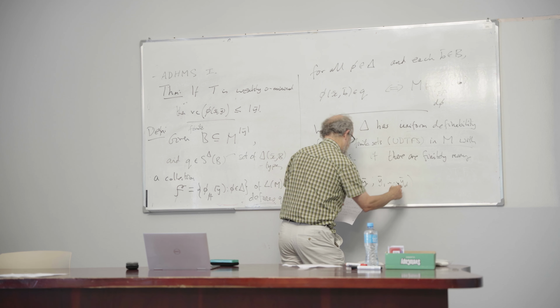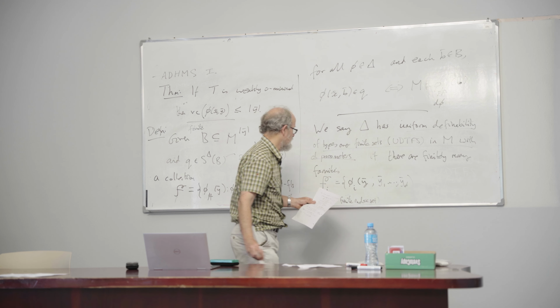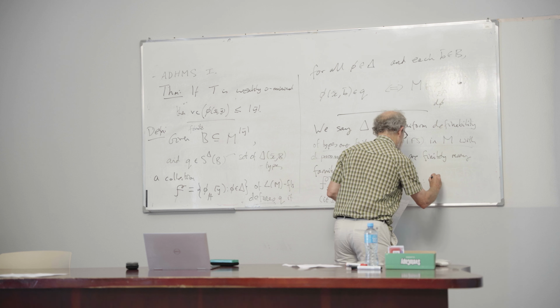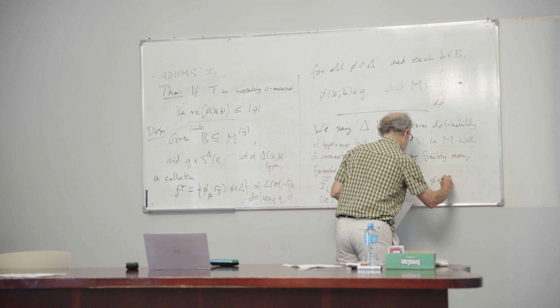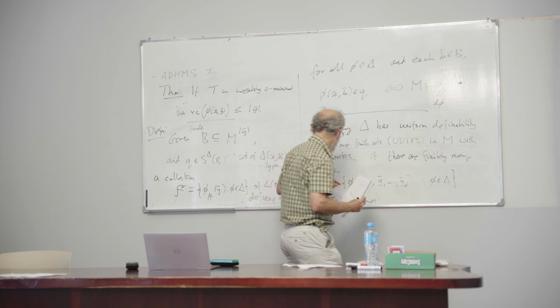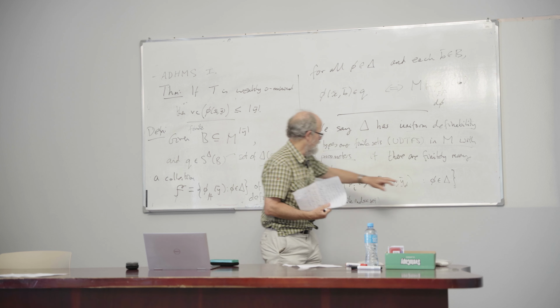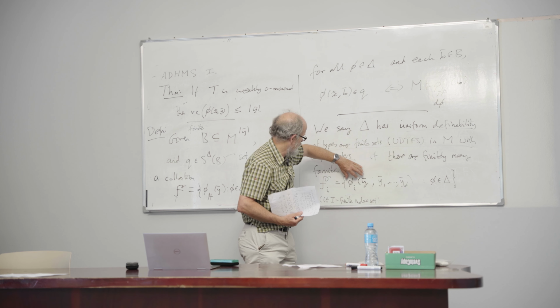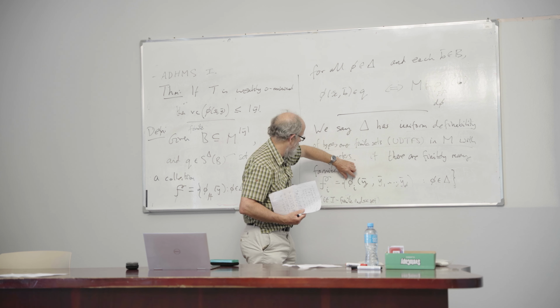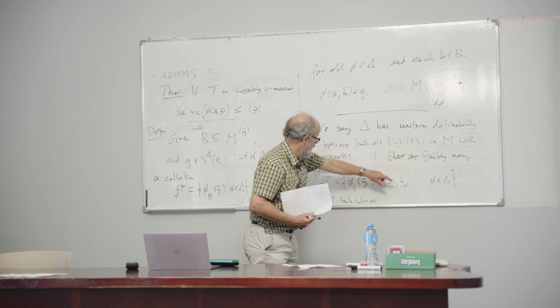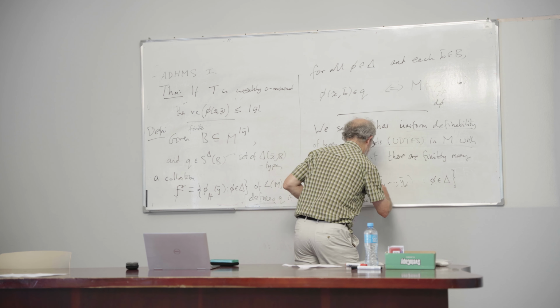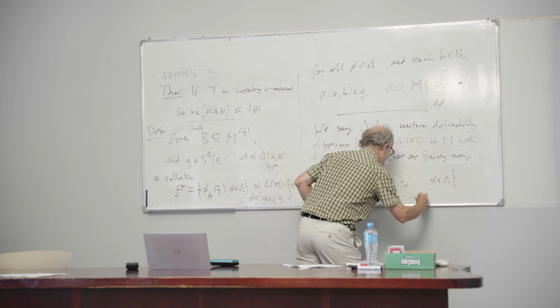This d here is for phi in delta. So finitely many families of this sort: for each phi in delta, you have a corresponding formula phi_i, and these are all the same length.